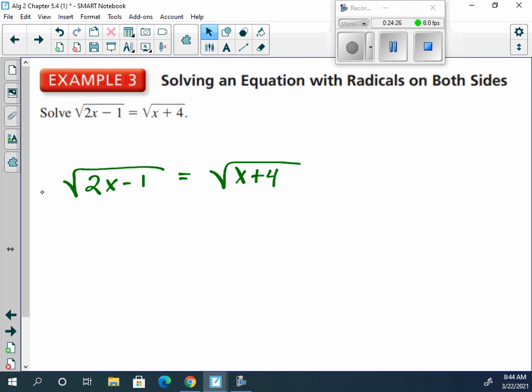And really what we're wanting to do is try to simplify these radicals as best we can. Well, they're both square roots, yes? So how can we simplify a square root? We can put both sides to the second power, yes? So let's see what happens. Square, square.